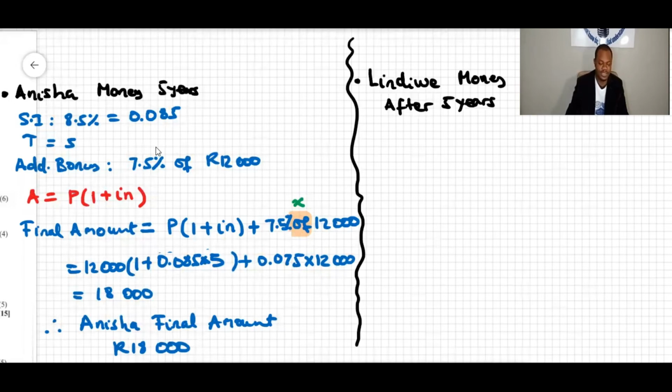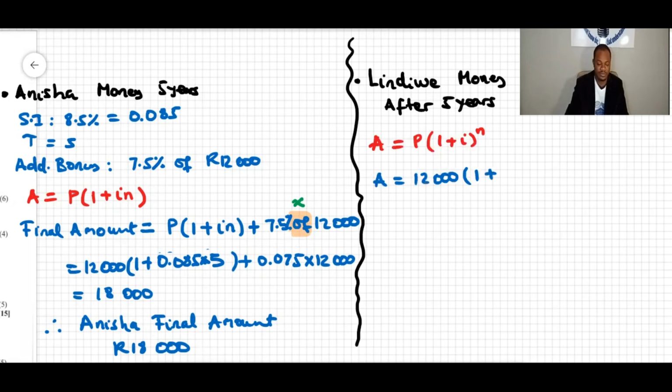You see 12,000, and because it is compounded quarterly, I'm going to write the formula for the amount: A equals the principal P, open brackets, 1 plus i, to the power of n. This is the formula we use when the interest is compounded. Now the amount will be equal to 12,000, open bracket, 1 plus i.